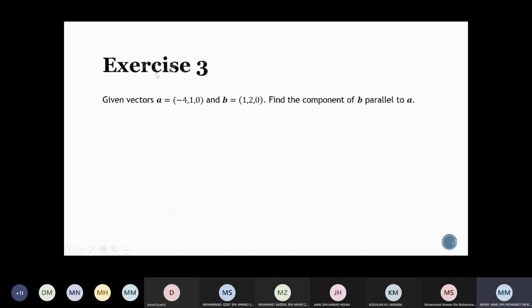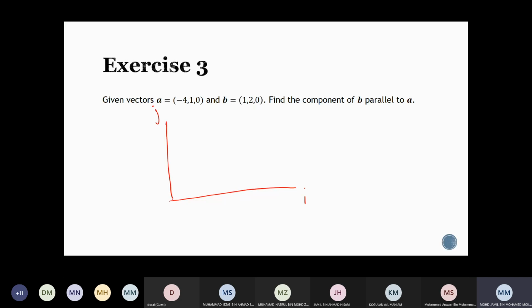Okay, so another question, exercise 3. Given vectors A equals -4, 1, 0, and B equals 1, 2, 0, find the components of B parallel to A. Maybe you can draw this roughly. Let's say we have vector A, with the i direction and j direction.